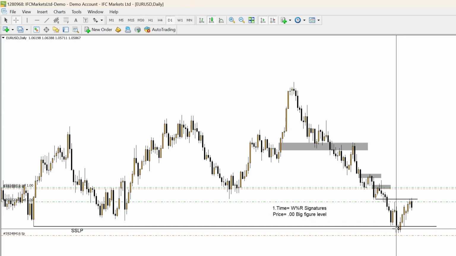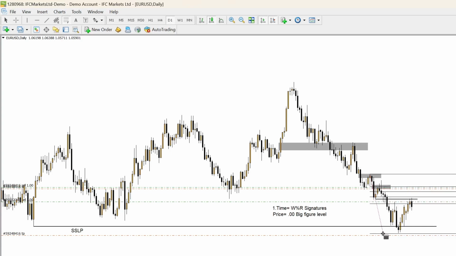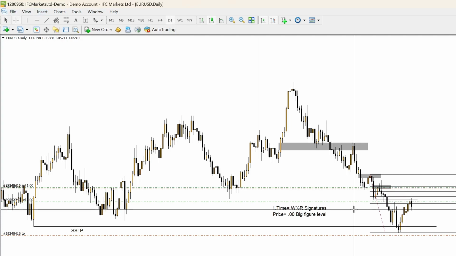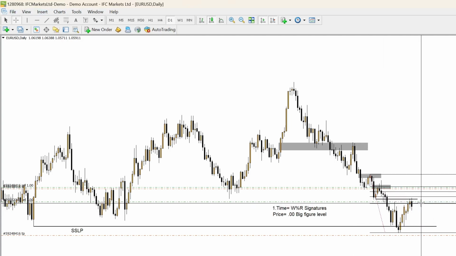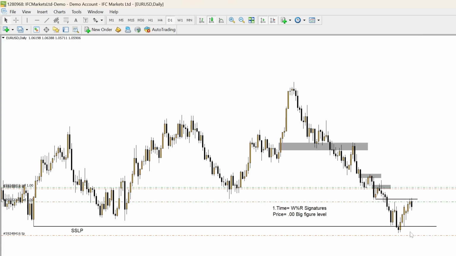We want to enter at a premium market. Halfway of 300, just divide 300 by 2, is approximately 150 pips.